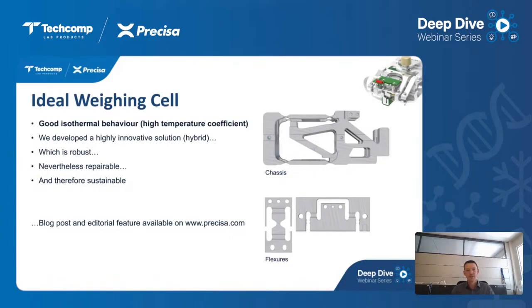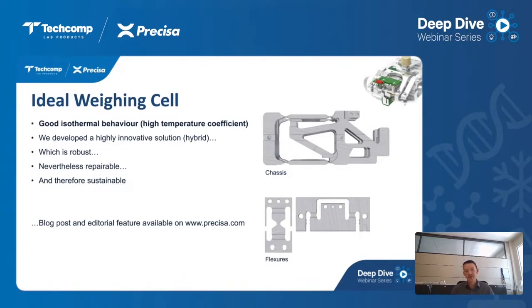This weighing cell is very innovative since it is hybrid. This means that we have the chassis, one part, but we also have separate parts, the flexures, which can be mounted or disassembled. These flexures are very robust because they're made out of aluminum alloy, which is also used in the aerospace industry.